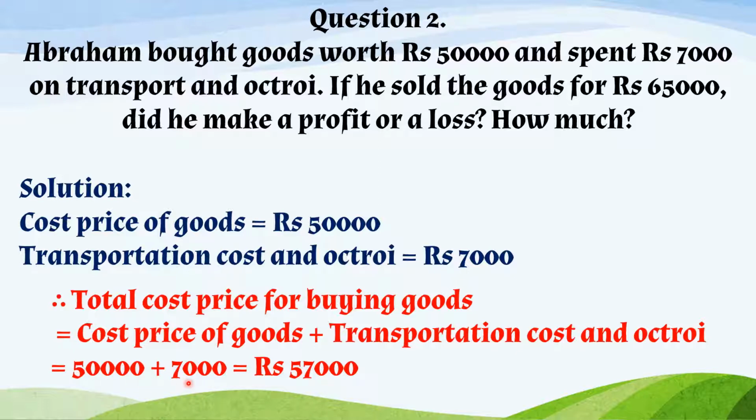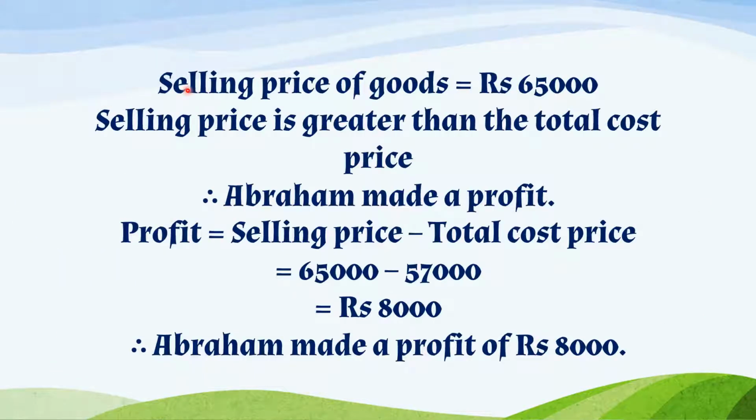When you add, you will get 57,000. The selling price of goods is rupees 65,000. So, the selling price is greater than the total cost price. Therefore, Abraham had made a profit.